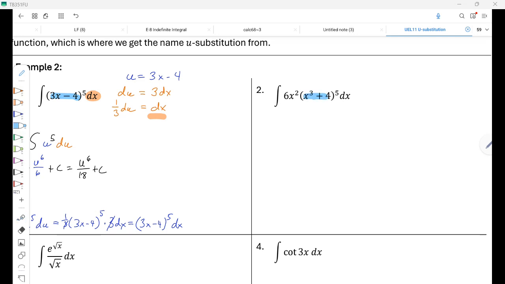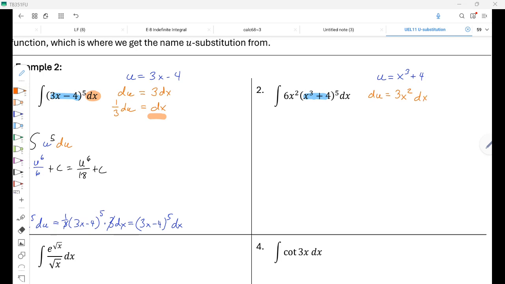Yep. They would be. Well, we want to try to get as much as possible in because we want to simplify this integral as much as possible. So we will make u x cubed plus 4. We will take its derivative and we'll get du equals 3x squared dx.